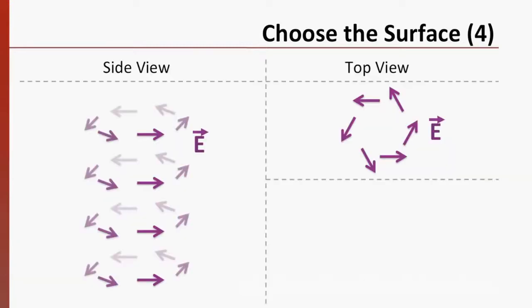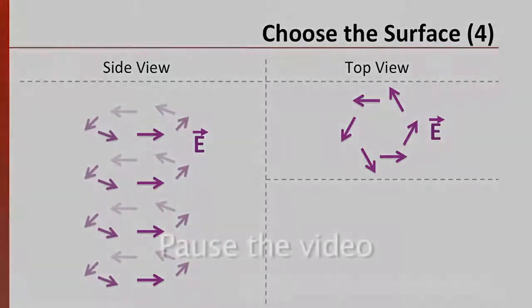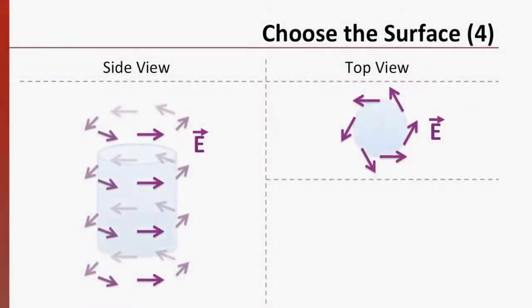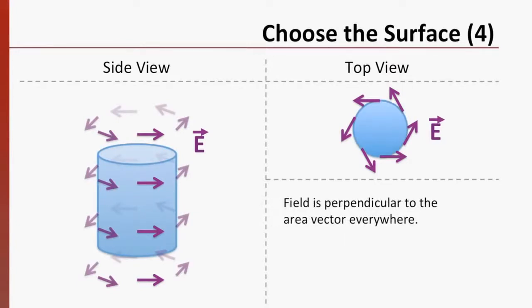Here is the final challenge. A top and side view of the field are shown. What surface would align well with this field? A cylindrical surface would work very well in this circular field. You can see that the field is perpendicular to the area vector at all points.